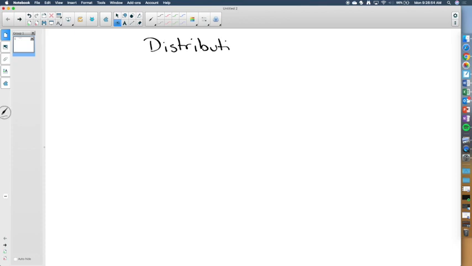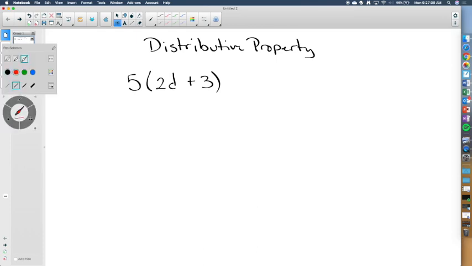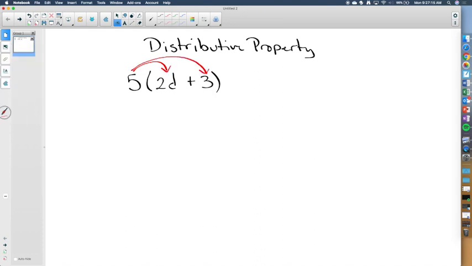Now remember the distributive property, we talked about that when we were multiplying polynomials. So it would be like having something like 5 times (2d + 3). Remember the distributive property, what we're doing is taking that number in front of the brackets and multiplying everything inside the brackets by that number out front.